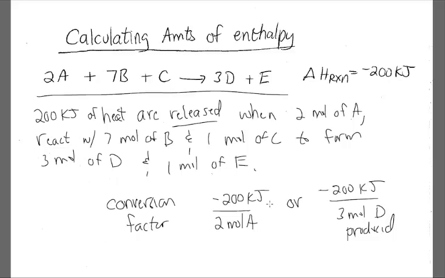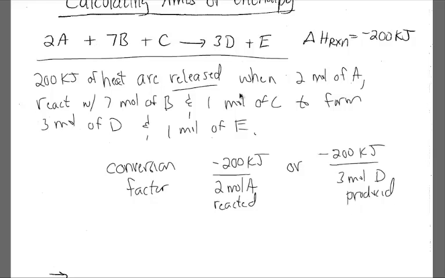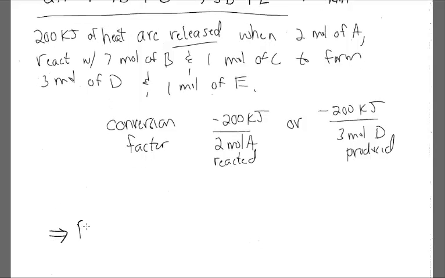So it could be negative 200 kilojoules per 2 moles of A reacted, or for 3 moles of D produced, or in terms of any of the other substances, but it's for those certain amounts as written as the coefficients. Okay, so it refers to a specific balanced equation. That's the point. The numbers refer to a specific balanced equation.